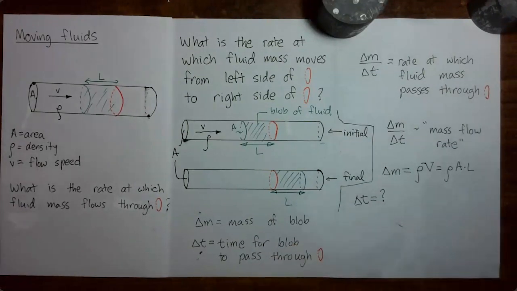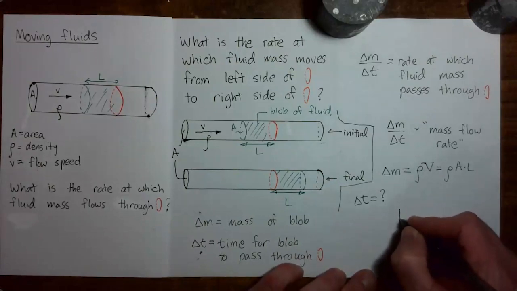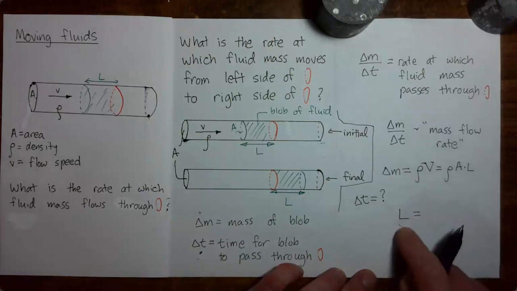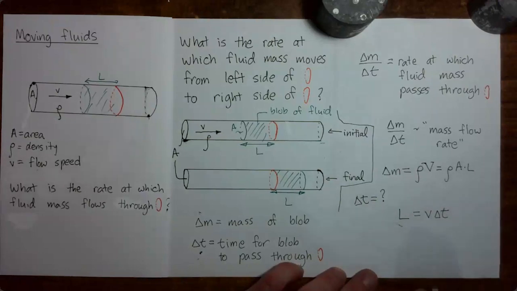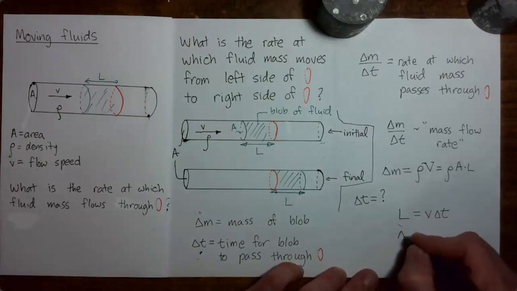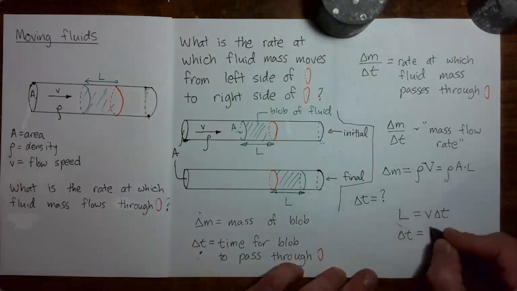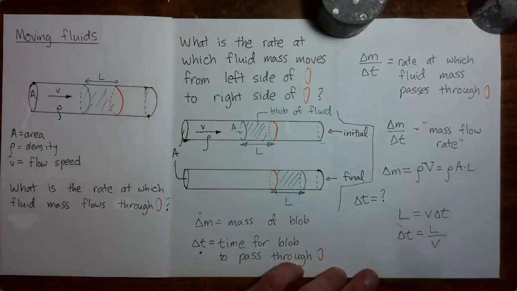Well, remember that for an object moving at a constant speed, the distance traveled, in this case L, is equal to the speed times the time interval. From this, we can solve for the time interval delta t. That would be the length of the blob divided by the flow speed.